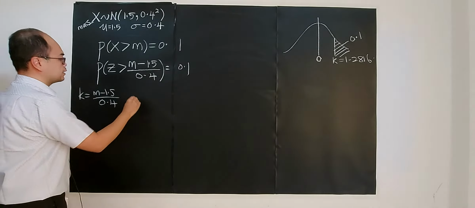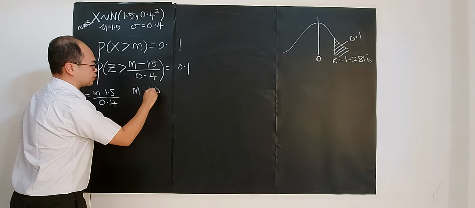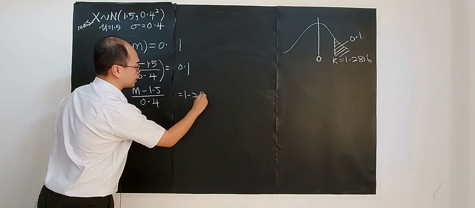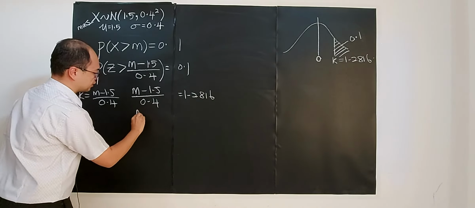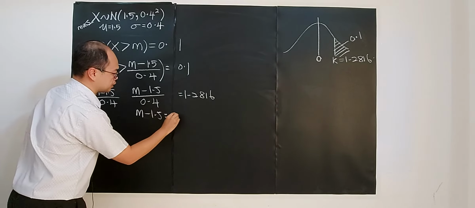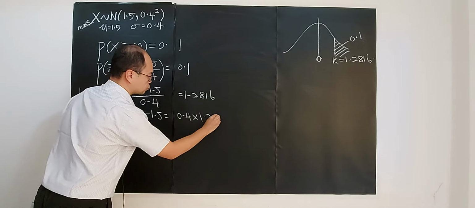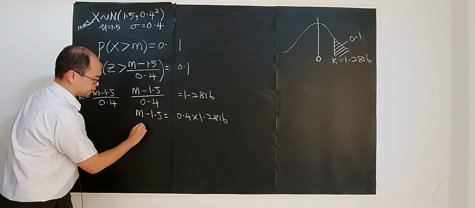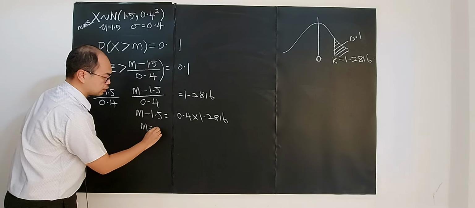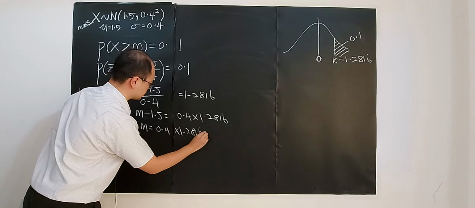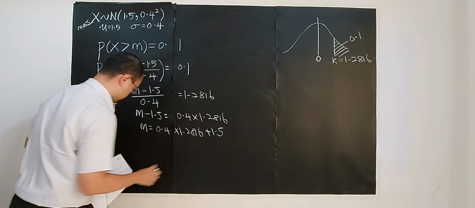So now clearly I know that m minus 1.5, which is your k, is 1.2816. So definitely m minus 1.5 will be the same as 0.4 times 1.2816. And the mass m will be 0.4 times 1.2816 plus 1.5.